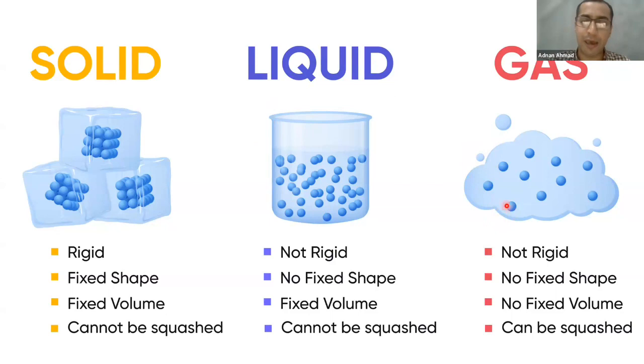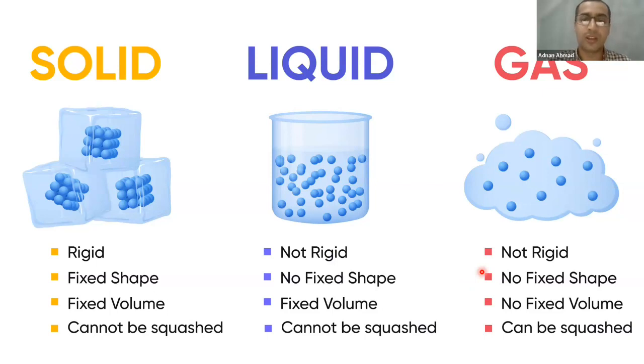So let us talk about gas now. Gases have no specific shape and no fixed volume. Some molecules of gas can take up the entire room, and the air in the entire room can be compressed into a small cylinder.